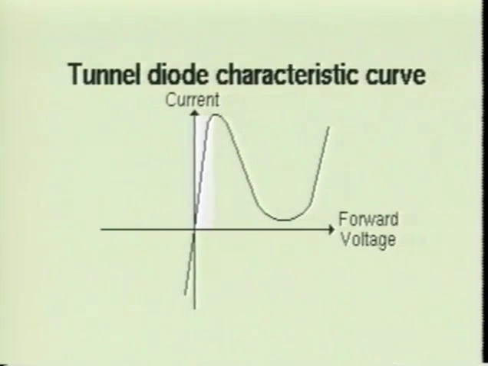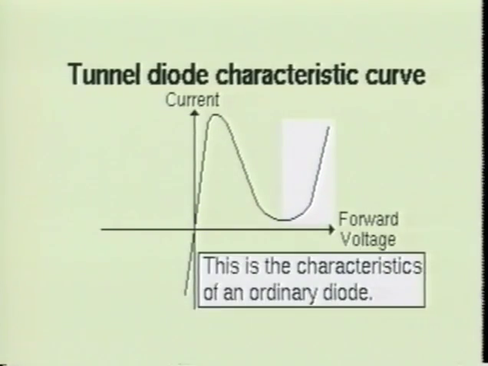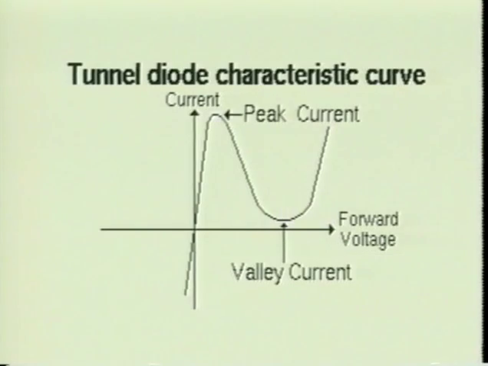As the forward bias is further increased, the tunneling effect will begin to decrease. When the forward bias is increased sufficiently, the tunnel diode characteristics will become similar to that of an ordinary diode. The tunnel diode is generally operated in its negative resistance region between the peak current and the valley current. The negative resistance region is its most important property.